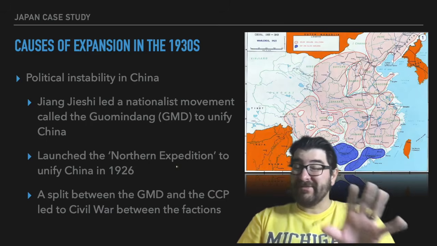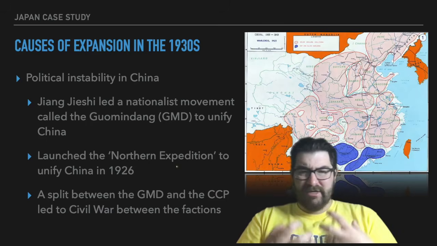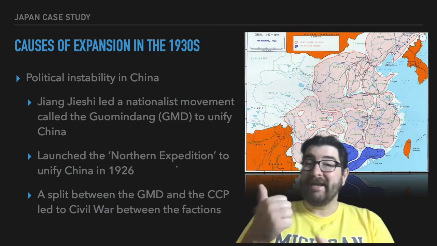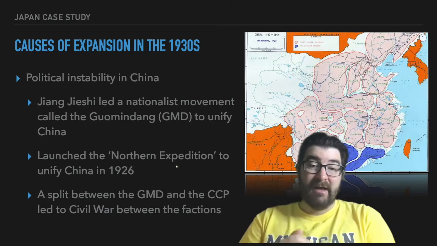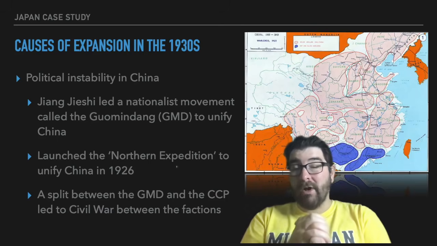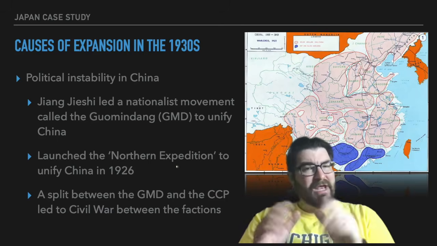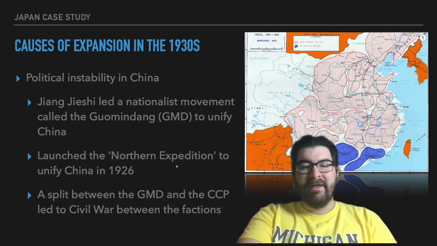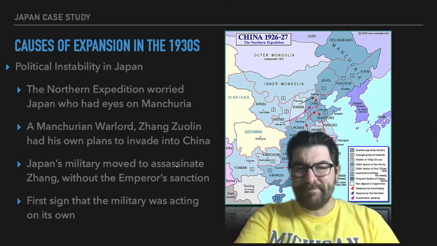There's also going to be a split in this Northern Expedition movement between the Kuomintang, led by Zheng Jixi, and the Chinese Communist Party, led by Mao Zedong. That'll ultimately lead to a civil conflict, a civil war between those factions. So Zheng Jixi's hopes of creating this truly unified China are not working out very well.